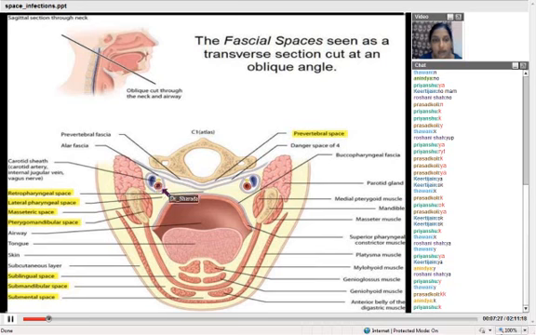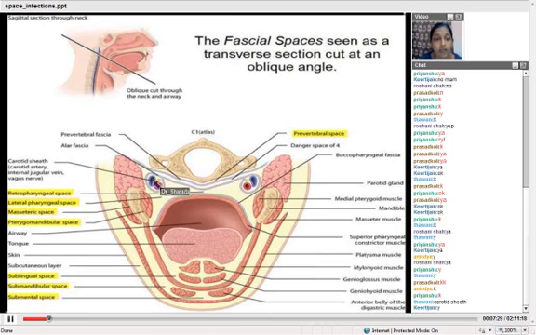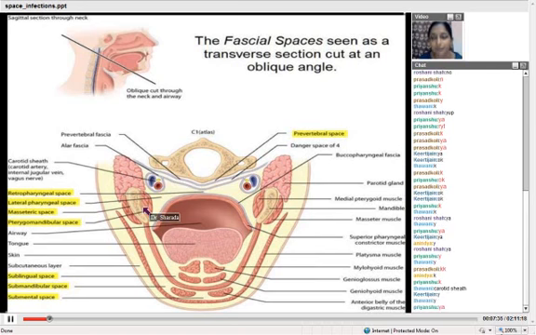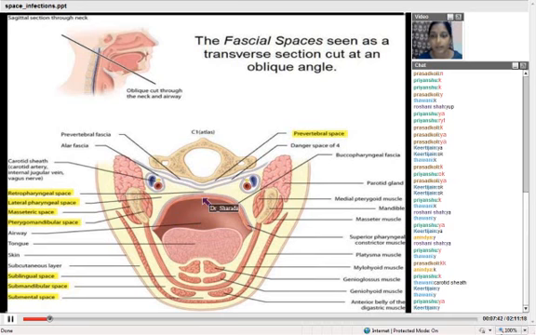You have your common carotid artery, internal jugular vein, and your vagus nerve. So that has to be a carotid sheath. It also acts like a fascia. It's just a covering. Anything covering becomes a fascia. So that is your carotid fascia or carotid sheath.